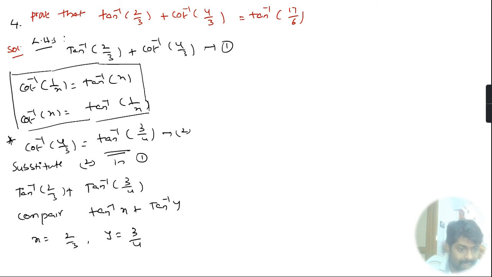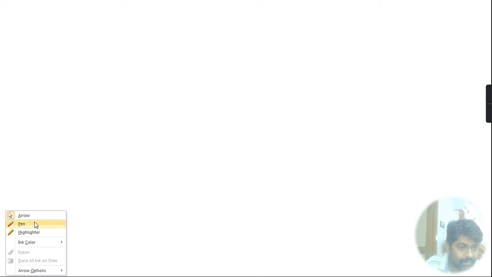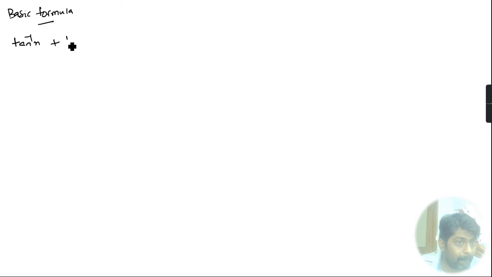And we know the basic formula. What is the basic formula? The basic formula is tan inverse x plus tan inverse y is equal to tan inverse of x plus y by 1 minus xy.